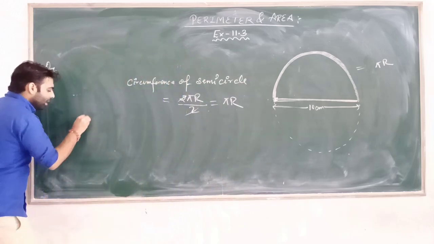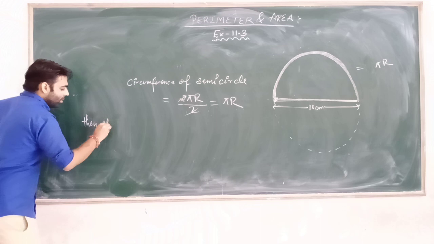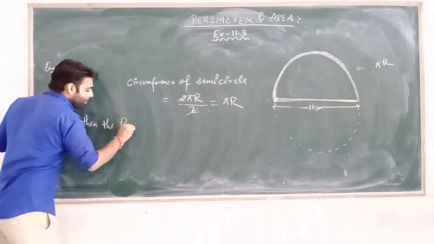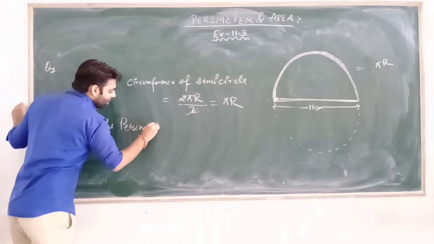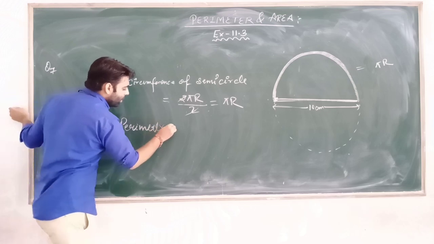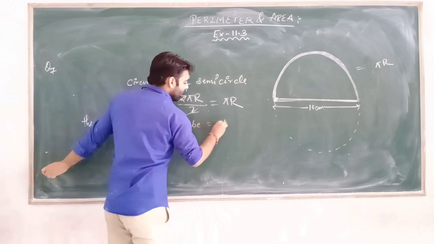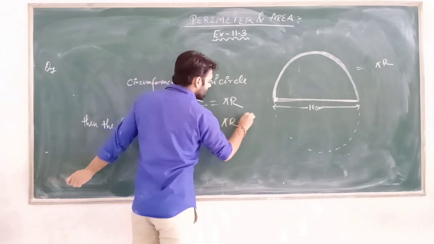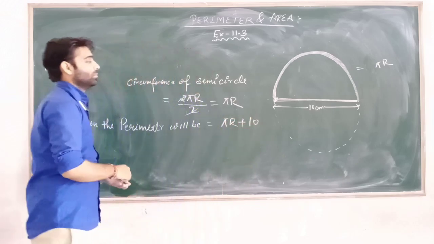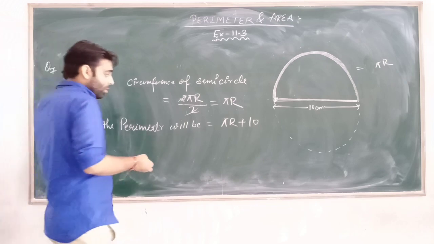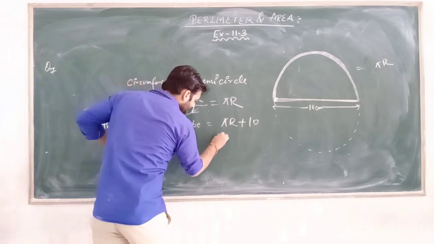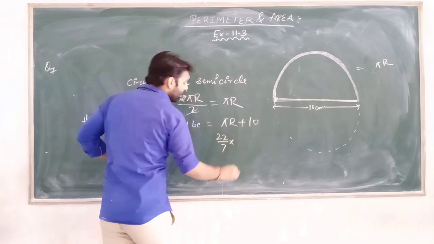Then the perimeter will be pi r plus 10. 10 is the diameter. The value of pi will be equal to 22 upon 7.